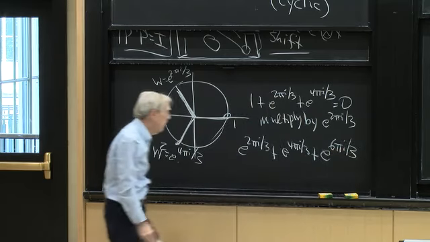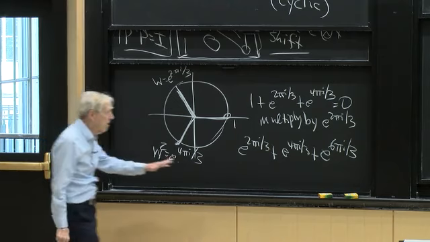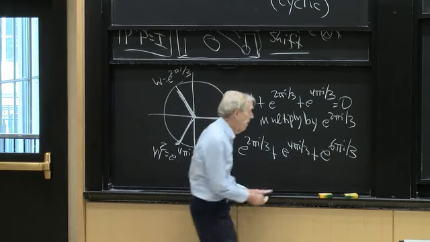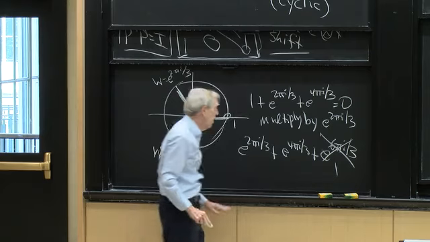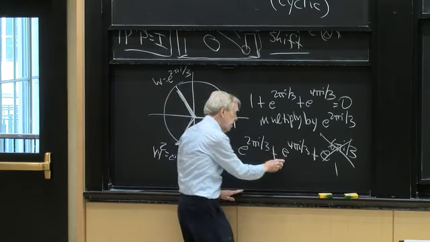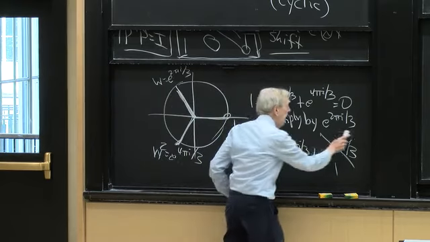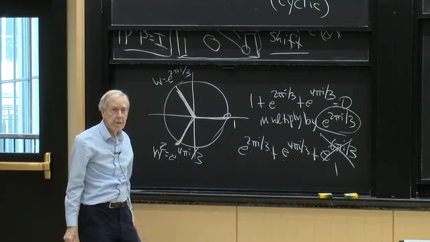Okay, what do I learn from this? It's the same, because e to the 6 pi i over 3 is e to the 2 pi i, so that's 1. So I got the same sum, 1 plus this plus this, when I multiplied by that number, and that sum has to be 0.